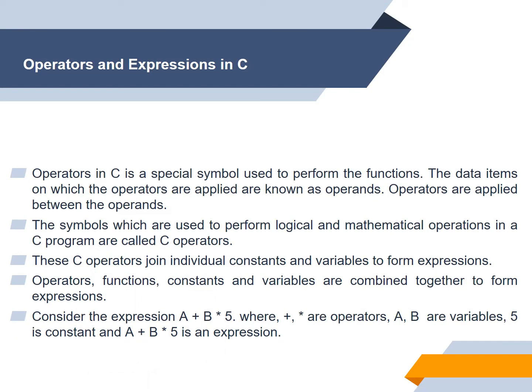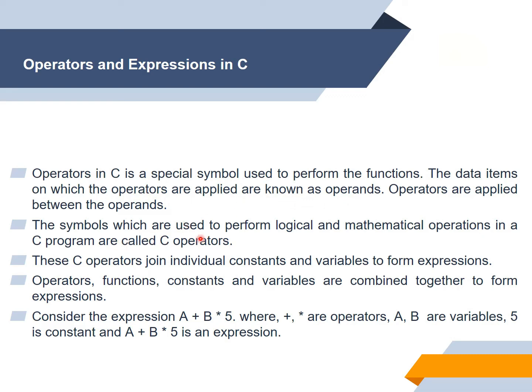Operators. Operators are some special symbols which are used to perform operations on operands. We are using the computer to perform some arithmetic operations, to do some processing. There is a special role of operators, because without operators you cannot perform operations using operands.